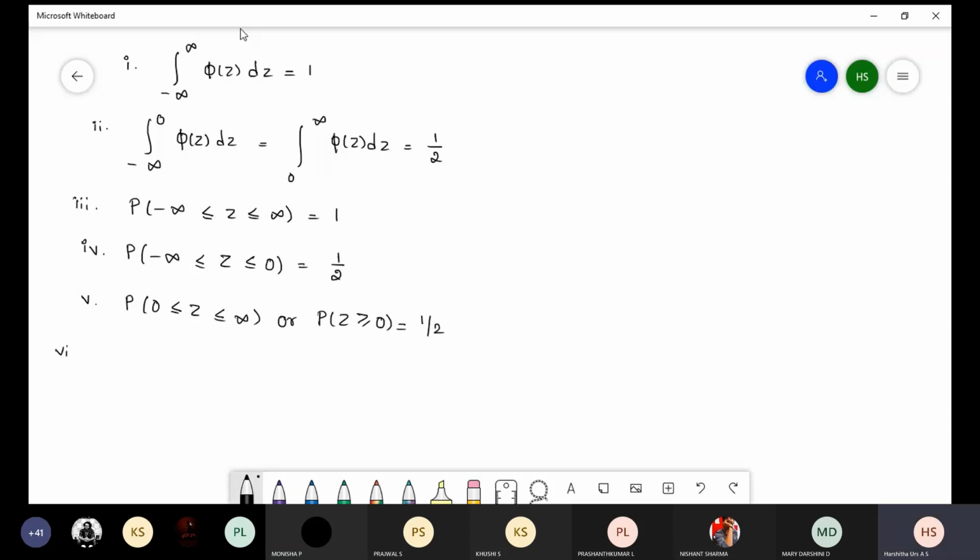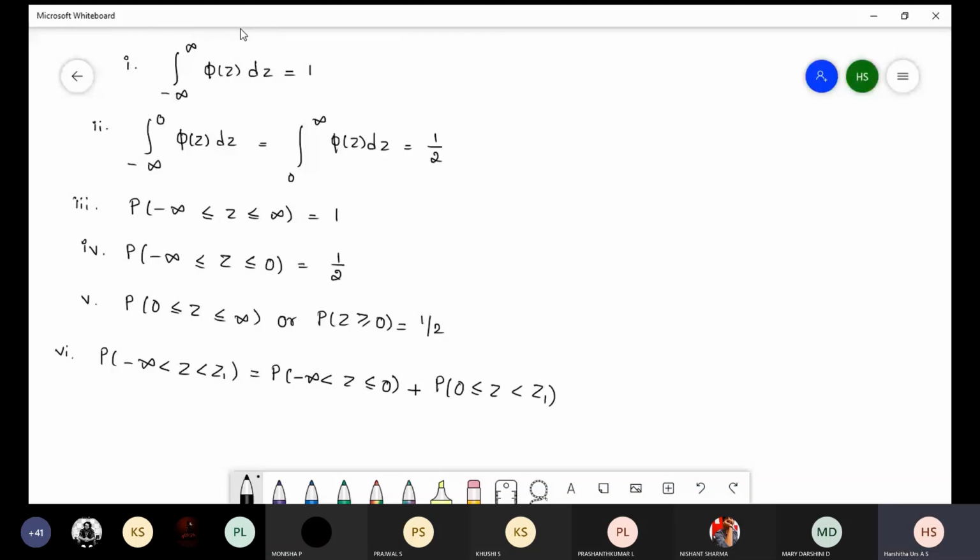Sixth one, P of minus infinity less than z less than z1 is equal to P of minus infinity less than z less than or equal to 0 plus P of 0 less than or equal to z less than z1.